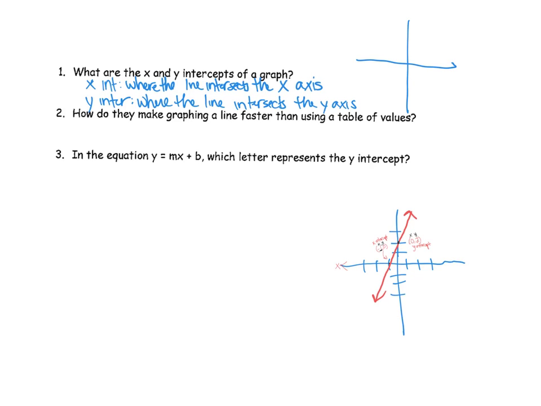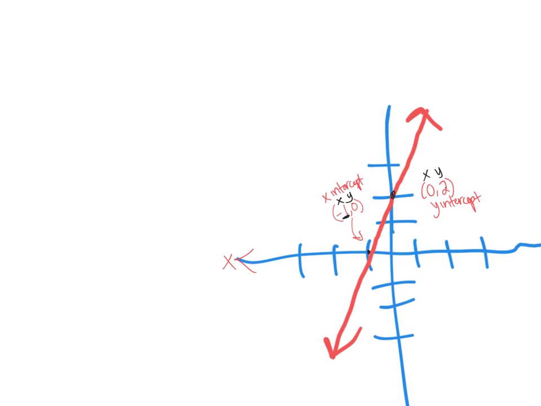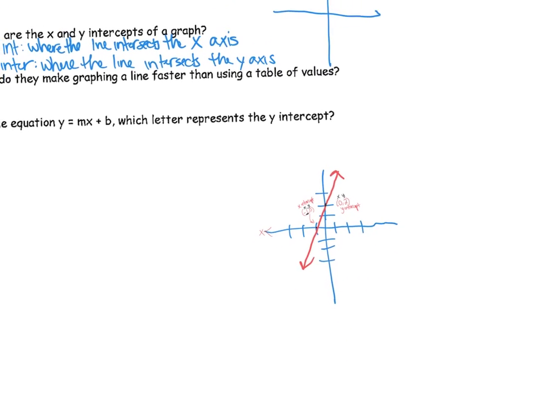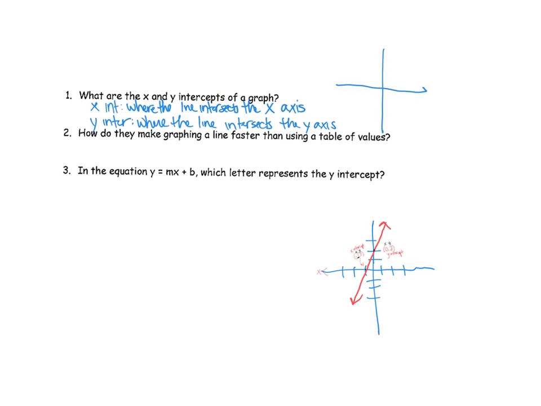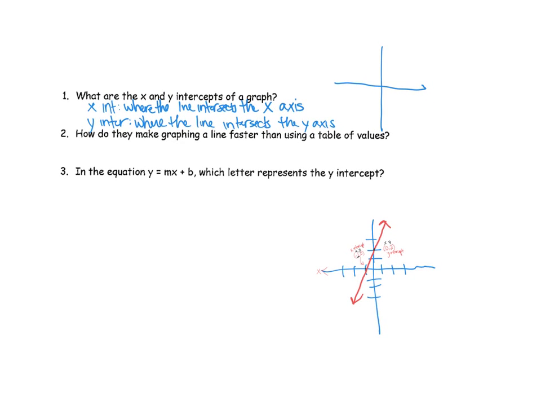Okay. Number 2, how do they make graphing a line faster? Like, let's say that I knew the x-intercept and the y-intercept. How to dot here and how to dot here. Would that be faster than making a table of values? Yes. So, you will say, how do they make graphing a line easier than using a table of values?